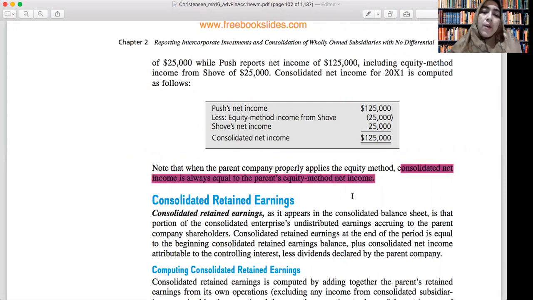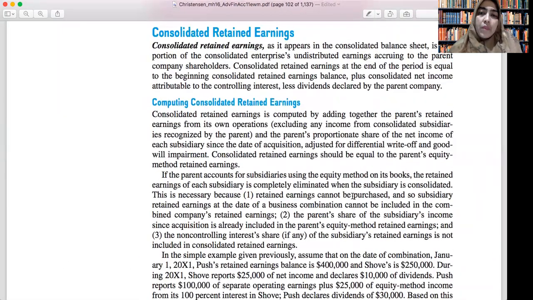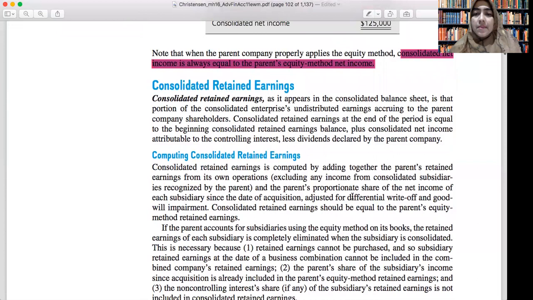So you got the idea, right? Now this is the consolidated retained earnings. It appears in the consolidated balance sheet, and it represents the portion of the consolidated enterprise's undistributed earnings that accrues to the parent company's stakeholders.